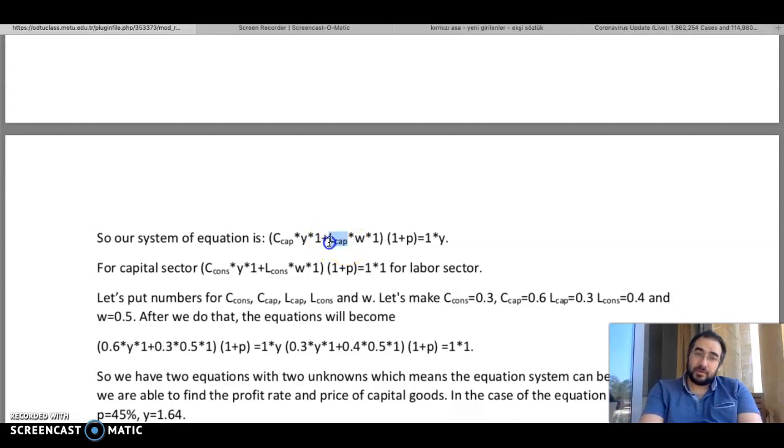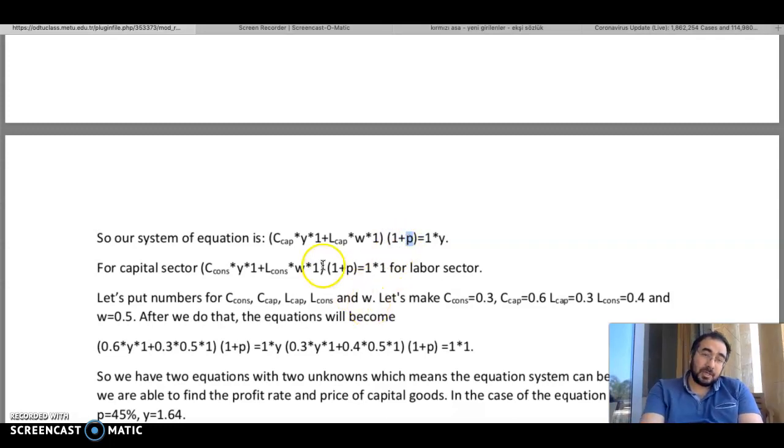Similarly, the amount of labor you use for 1 unit of product and the wage give your total revenue, which is the price of the capital goods times 1, the number of units you produce, and you multiply all of these costs with 1 plus the profit rate, which gives you the original cost plus the profit amount taken by the producer.